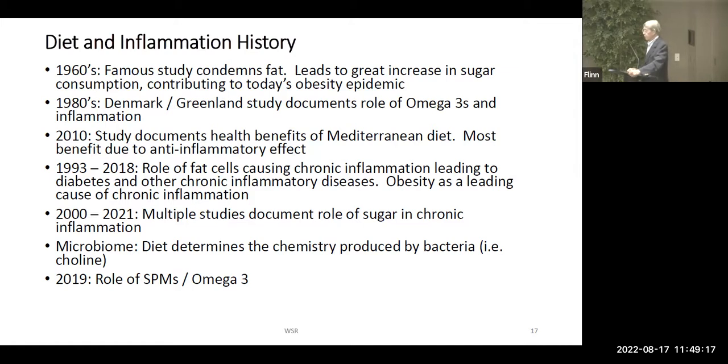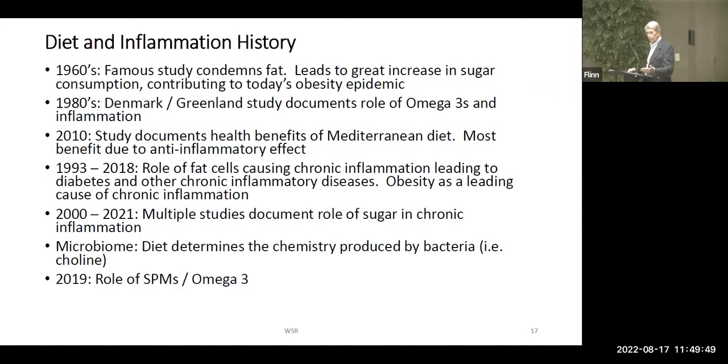And we're just beginning to understand how important this is, because what we're learning is that certain foods, as they enter the gut and interact with the bacteria, will produce chemicals that are anti-inflammatory, which will help the whole process of inflammation. On the other hand, other foods entering the gut, the bacteria will produce pro-inflammatory chemicals, which increase inflammation.